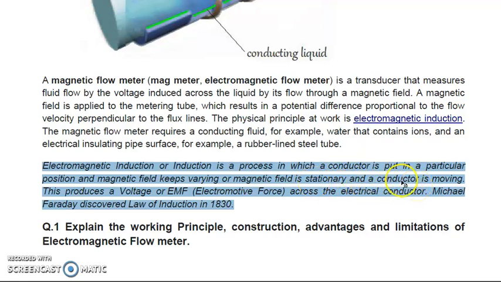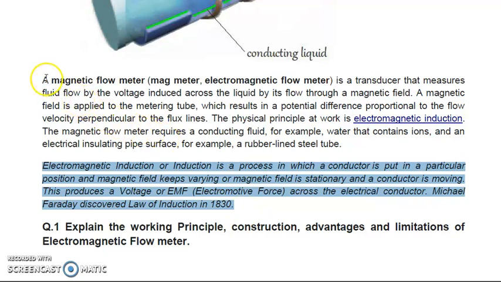So in both these conditions, this produces a voltage which is known as electromotive force or electromagnetic induced voltage across the electrical conductor. And this concept was given by Michael Faraday, discovered law of induction in 1830. So this is the theory behind the magnetic flow meter.